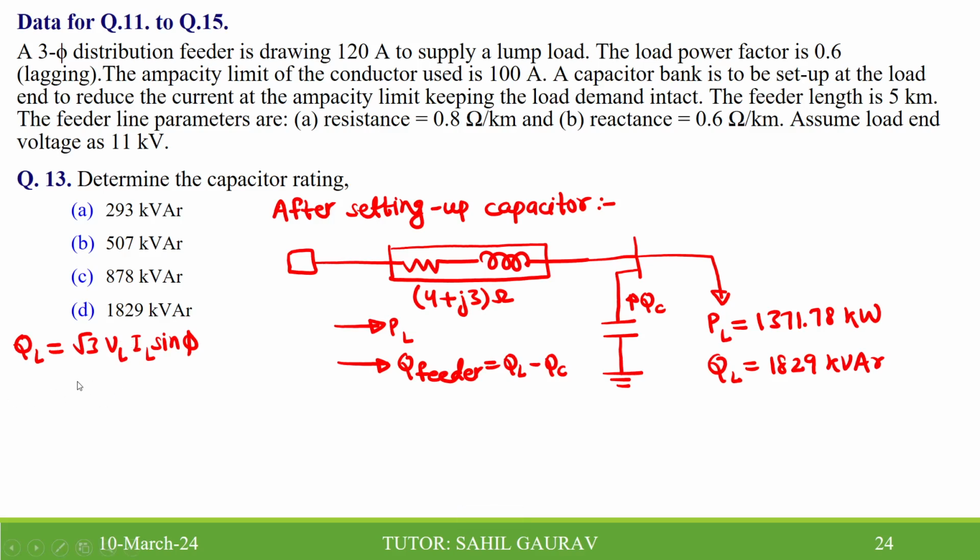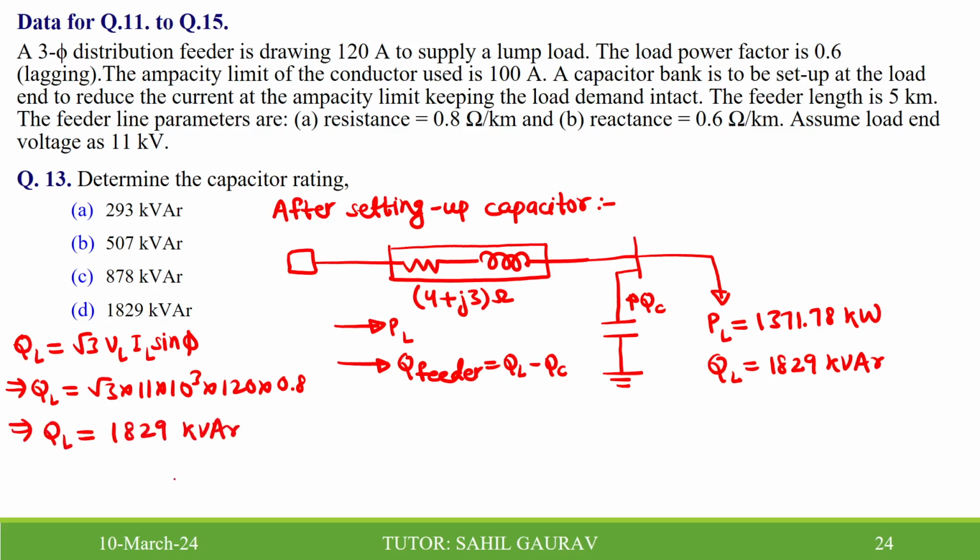So QL is root 3 times 11 kV times IL of 120 ampere, and before compensation power factor is 0.6, therefore sine phi will become 0.8. So QL will become 1829 kVAR.